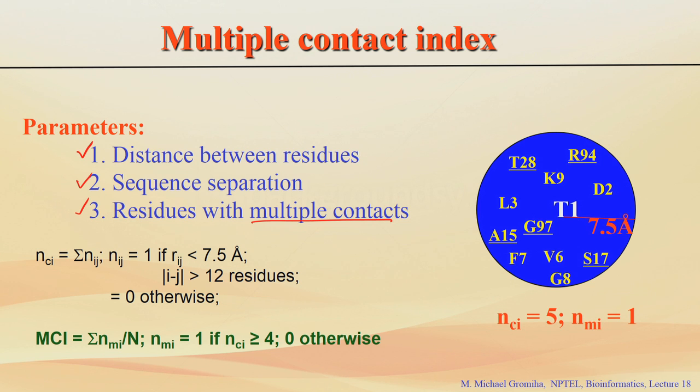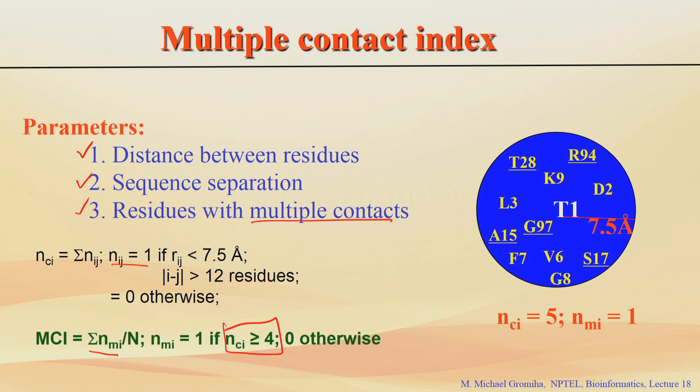So, here you see this multiple contact index they define, this is the number of contact residues with the multiple contacts normalized by n, this n is the number of residues in a protein, and NMI equal to 1 if the contacts is more than or equal to 4. So, for this NCI we define the radius of 7.5 angstrom, and the distance 12 residues, then we define Nij equal to 1.